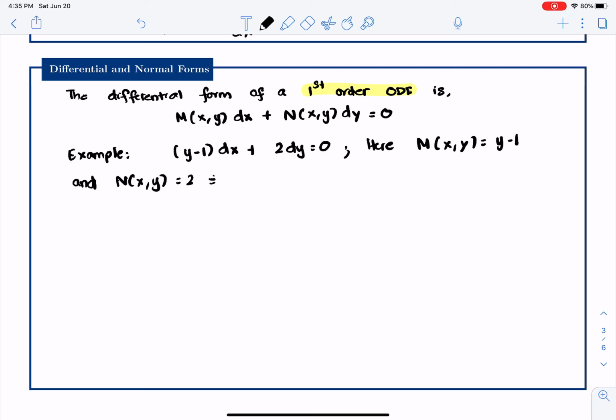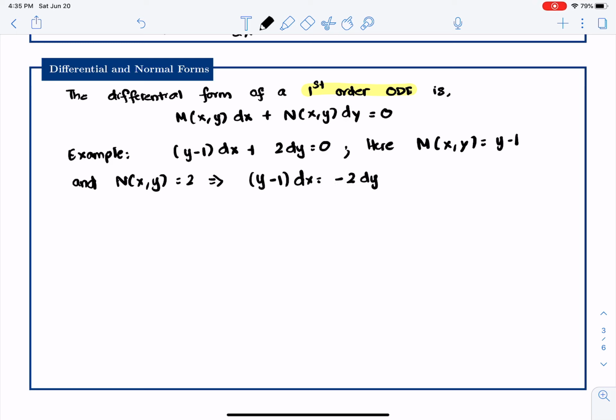In other words, I could rewrite this equation in this manner. Y minus 1 times dx is equal to negative 2 times dy.